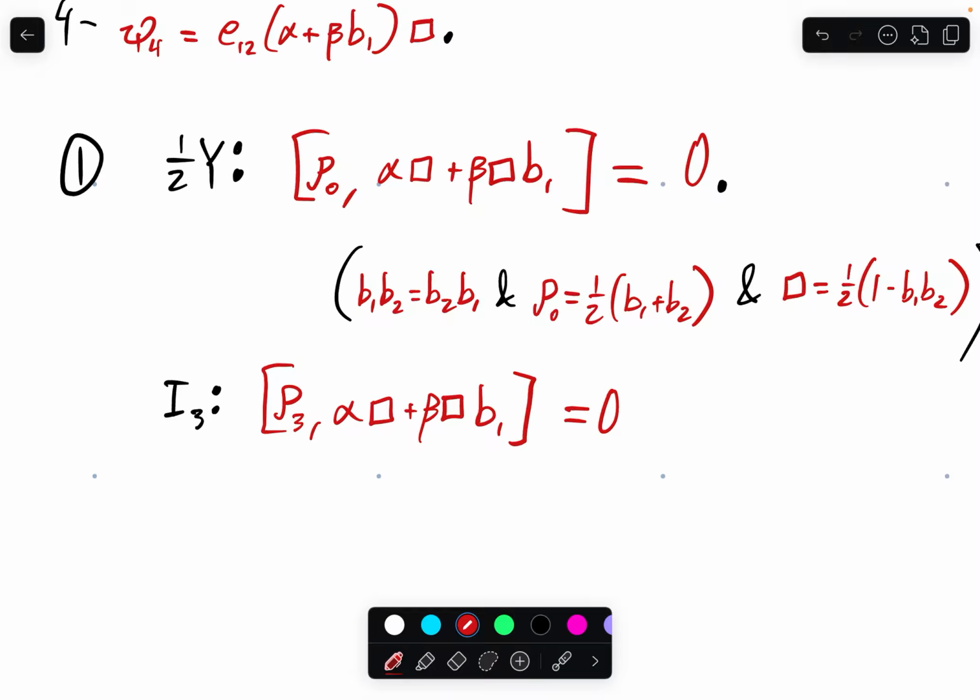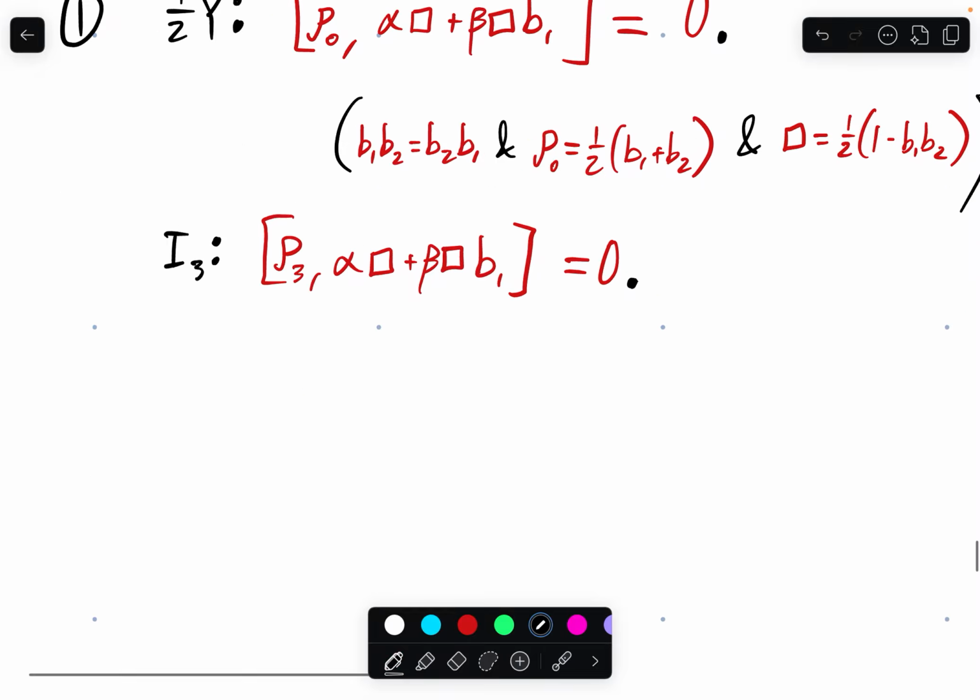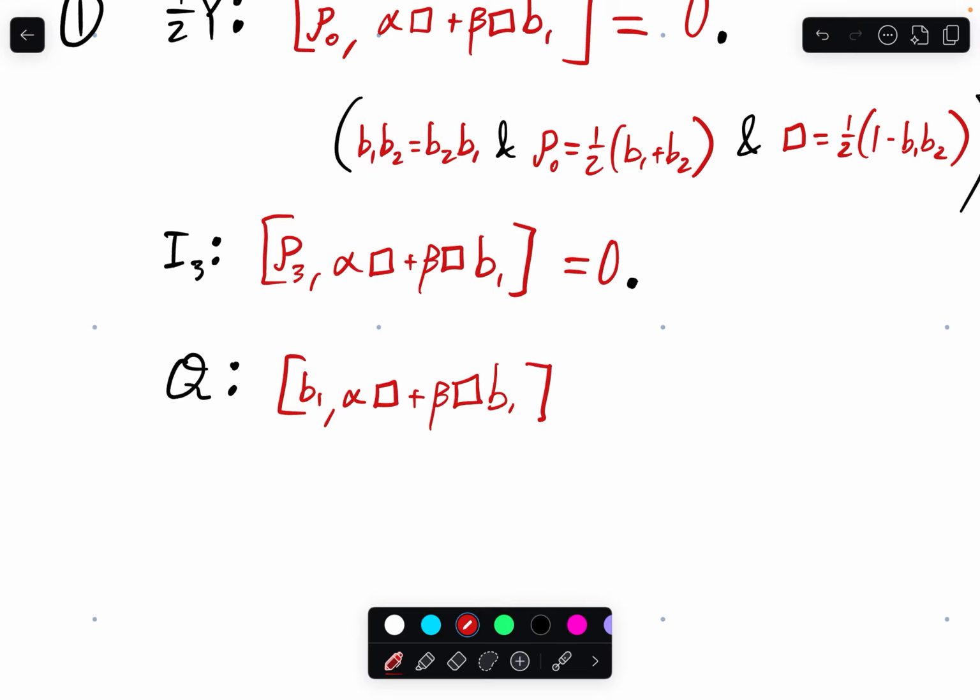This also ends up being 0. And this means that electric charge is also 0.